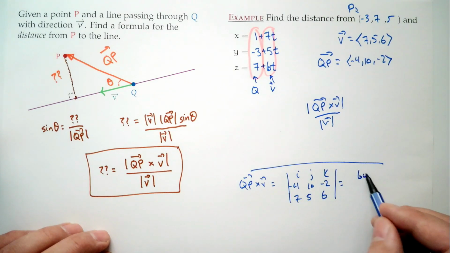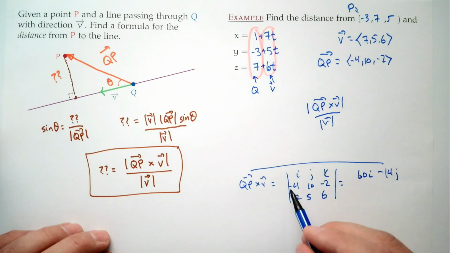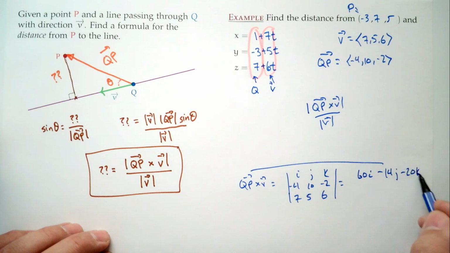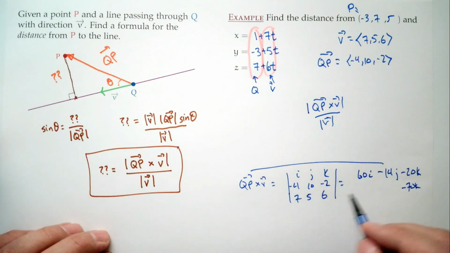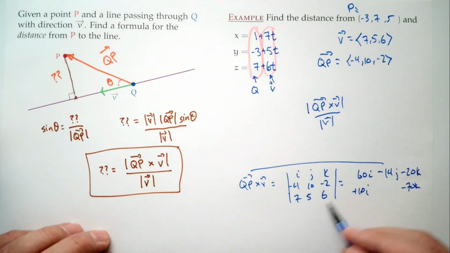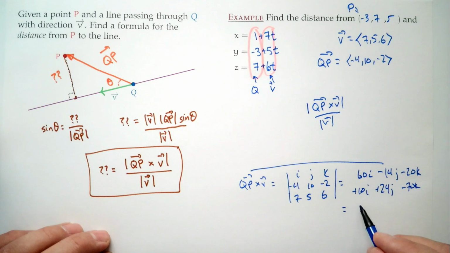And the answer is yes. You should get good at doing these because you will be doing them a non-trivial number of times. So, plus 10i and plus 24j, leaving us with 70, 10, negative 90.